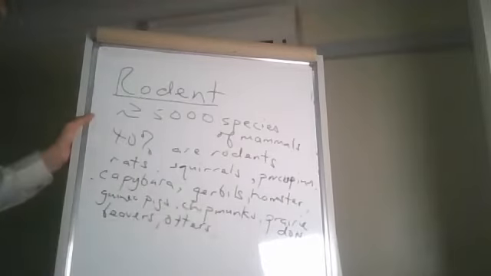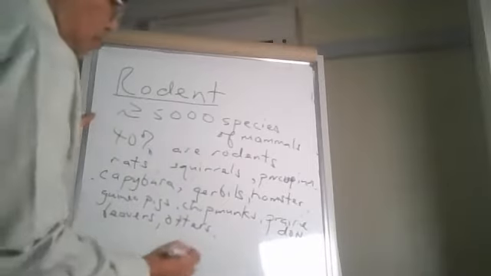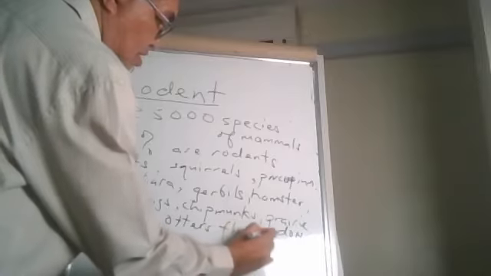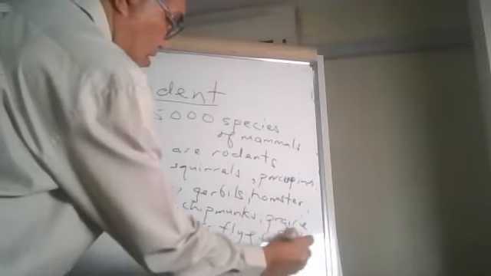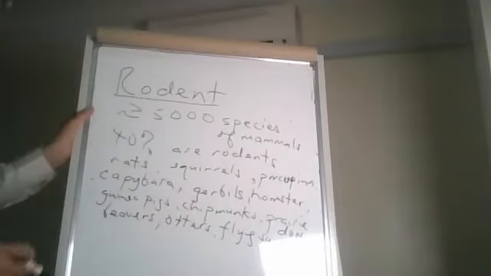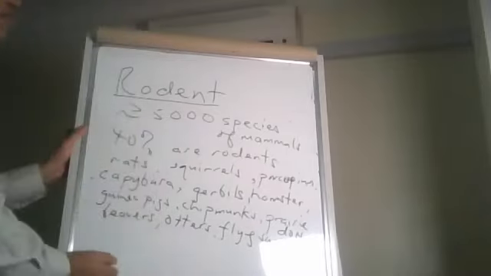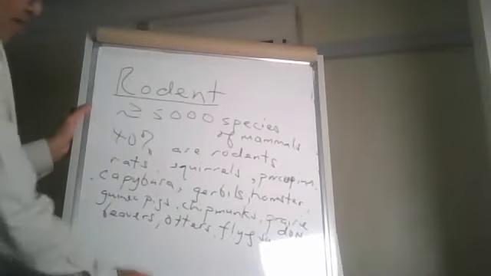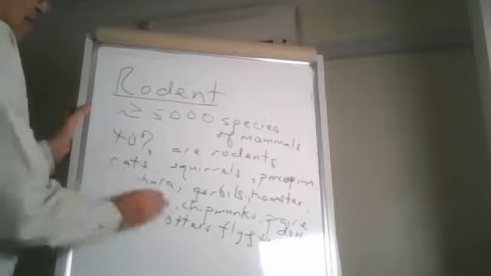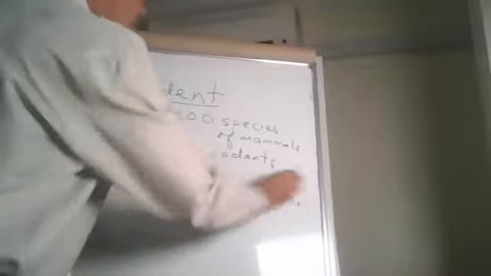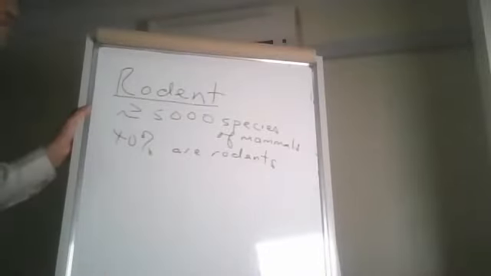These are all rodents, and many more. Not to forget the flying squirrels. Okay, so it's a huge order consisting of various kinds of species that come under different families. Okay, that gives you some idea of rodents.